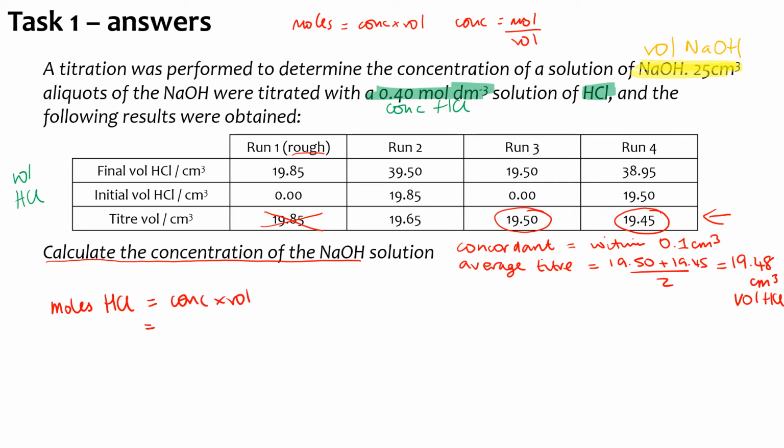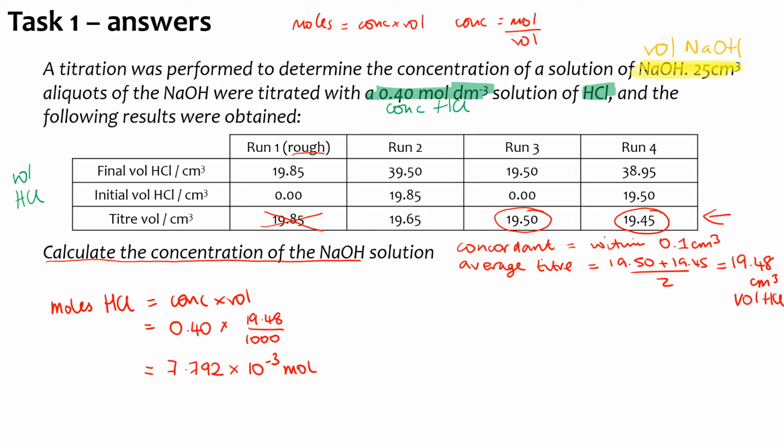The concentration in the question is 0.40, I've highlighted that in green, and the volume we've just calculated is 19.48, and we need to divide that by 1,000 as always, because we need to make sure that we use decimetres cubed, because concentration is moles per decimetre cubed. Now when you put that into your calculator, that comes out to be 7.792 times 10 to the minus 3 moles.